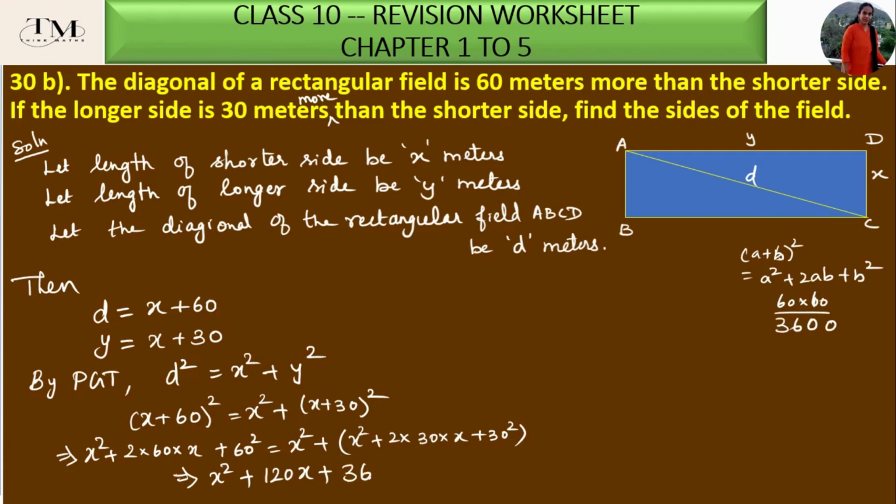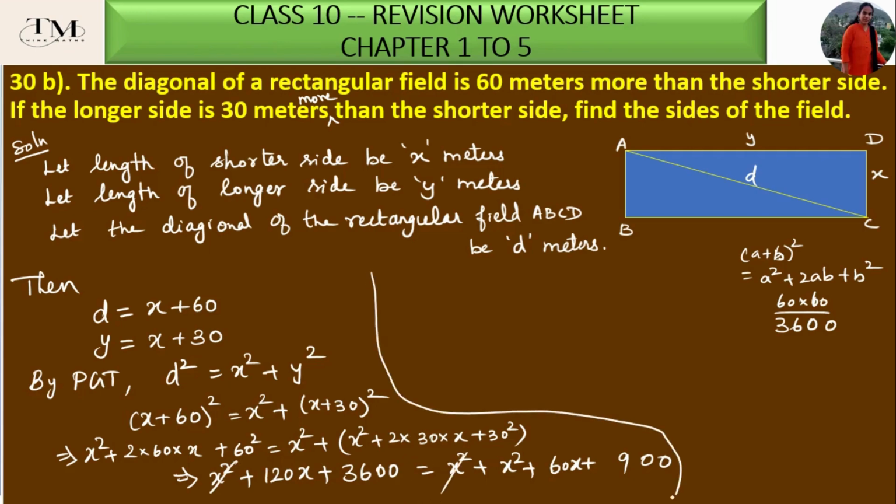So the answer is 3600. On the other side we have x square plus x square plus 2 into 30, it is 60, so 60x plus 30 square. 30 square means 30 into 30. So we have two zeros, 3 into 3 is 9, 900. Okay, children, so one x square gets cancelled.